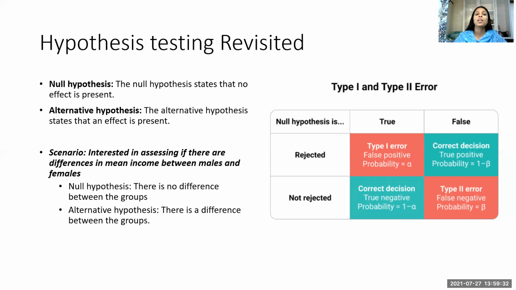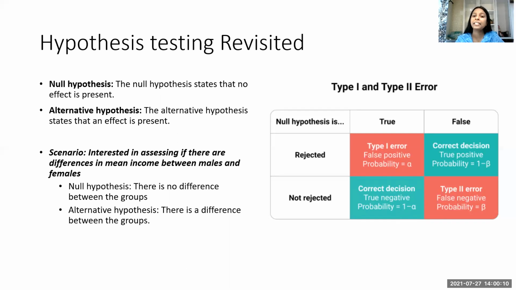Now if we take the scenario in hand, the difference between the mean income of male and female, in the population we will say that there is a difference between the male and the female's mean income levels. So now the null hypothesis is not true over here.